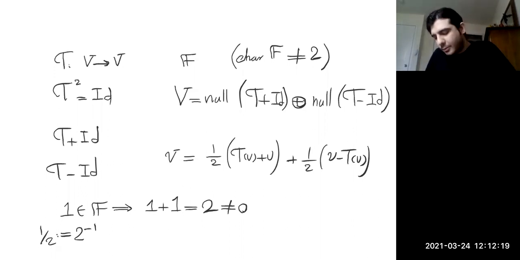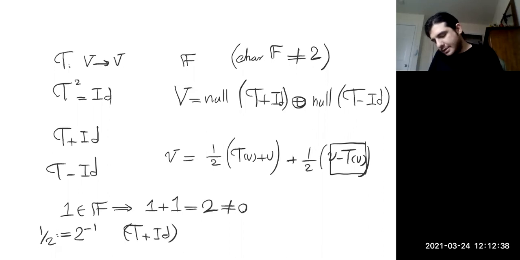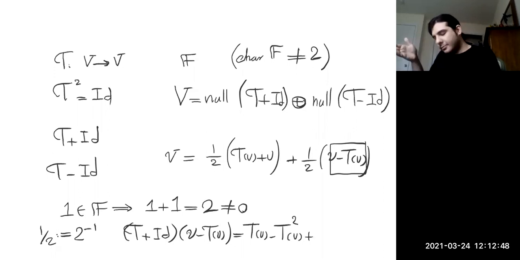What would you get if you apply T plus identity to these vectors? So let's try. For example, let's see what would happen if I apply T plus identity to this vector v minus Tv. Well, I would get Tv minus T squared v plus identity of v, which is just v, minus identity of Tv, which is just minus Tv.